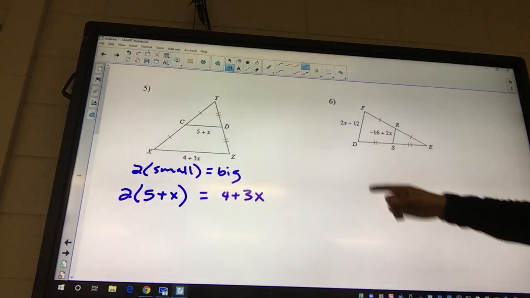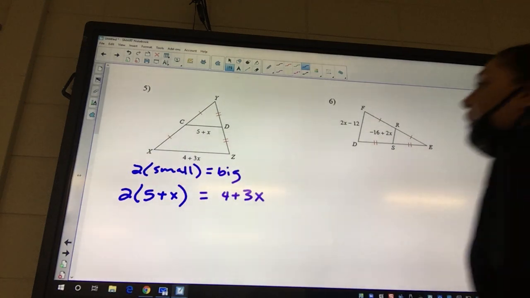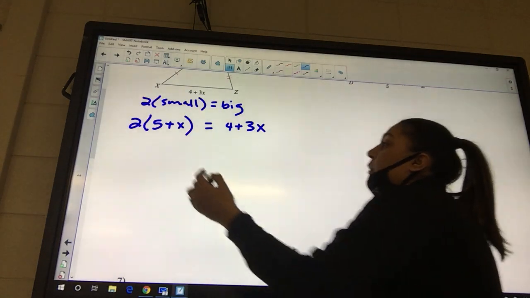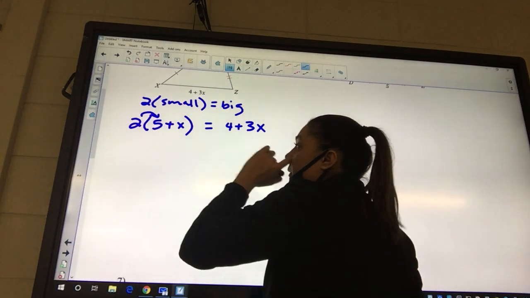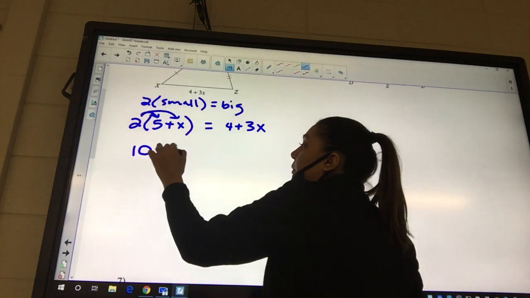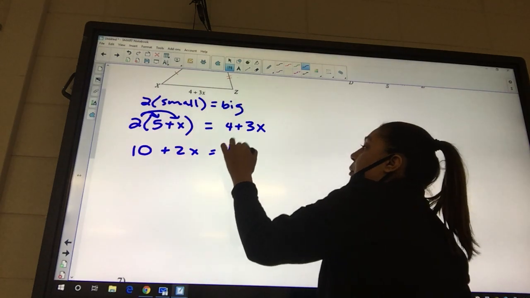Okay, we got 2 times the small equals the big. So what's our next step? Distribute and or multiply. Okay, so it's going to be 2 times 5, 10, and 2 times x, 2x. On the other side, we haven't changed anything. It's still 4 plus 3x.